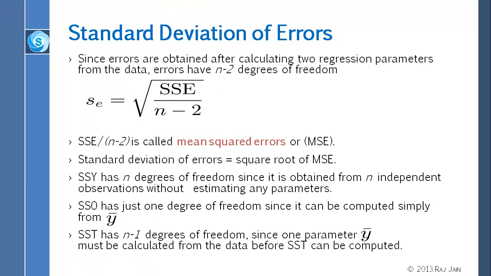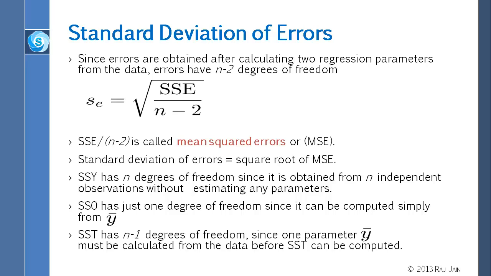And if you really wanted to get the variance of the errors, you will have to divide the SSE by n minus 2. That would be the variance of the error. And the standard deviation will be the square root of that. Why n minus 2? Because the errors have n minus 2 degrees of freedom. Why n minus 2 degrees of freedom?